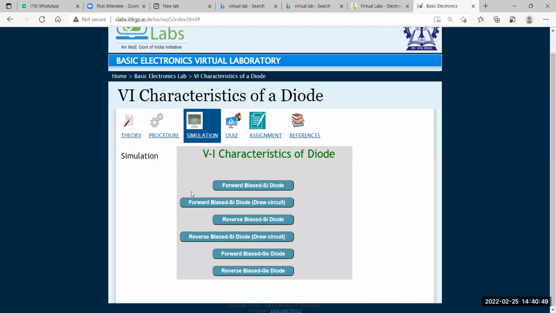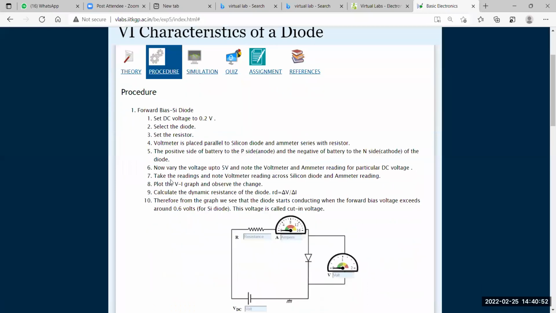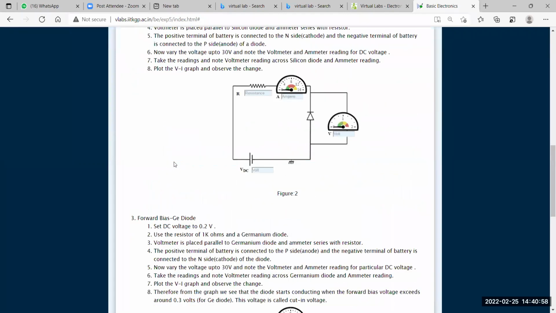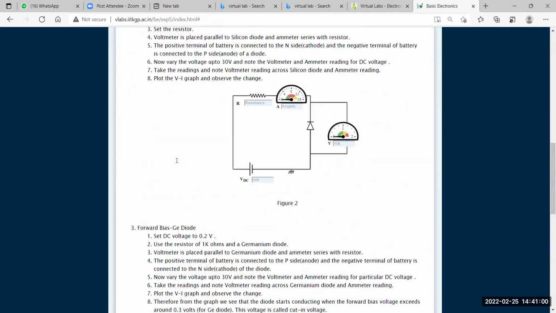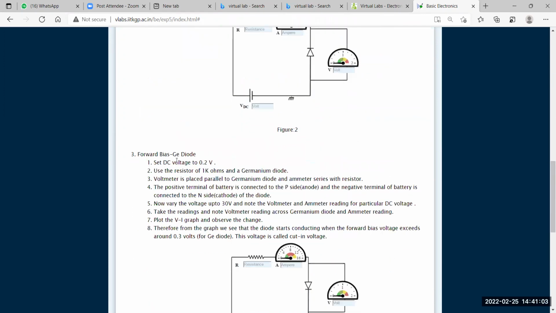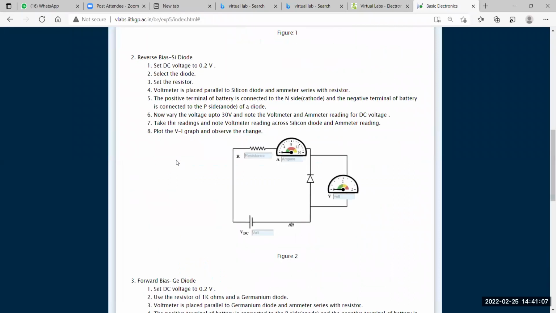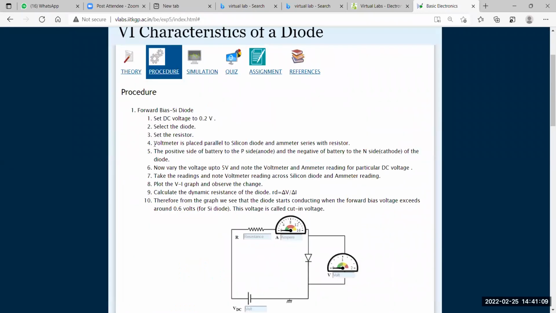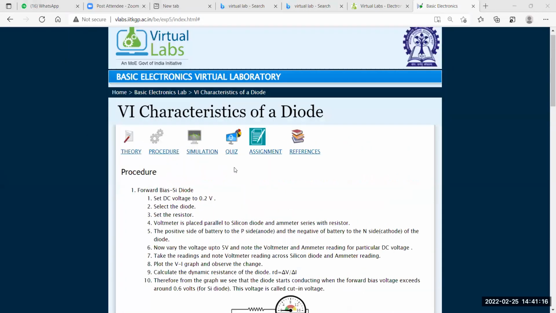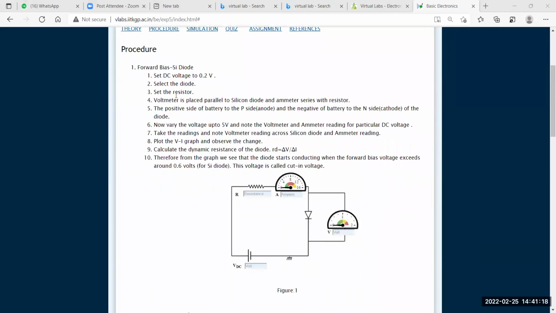First you have to see the procedure: forward bias silicon diode and forward bias germanium diode, and reverse bias silicon diode and reverse bias germanium diode. All the procedures have been mentioned here, and set DC voltage to 0 volt.